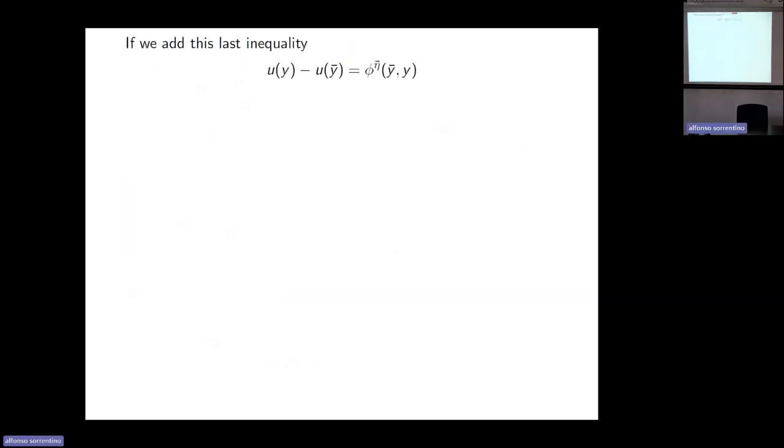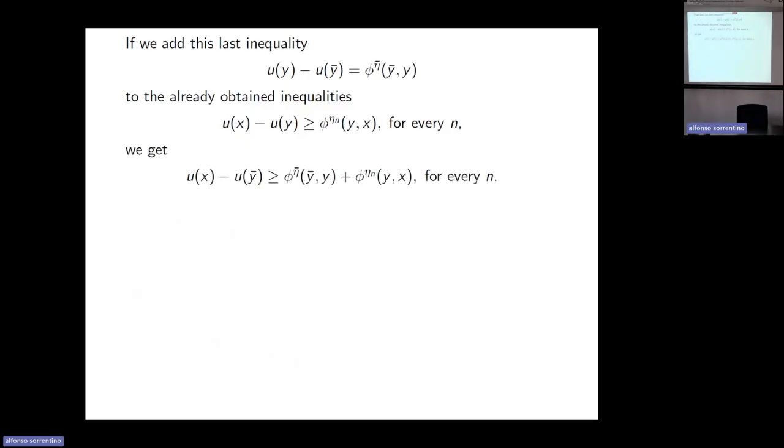So what I do, we add this equality, in fact, to the inequality that we have established for every n. And so we get that ux minus u of y bar now is larger than phi eta bar y bar y plus phi eta n yx.